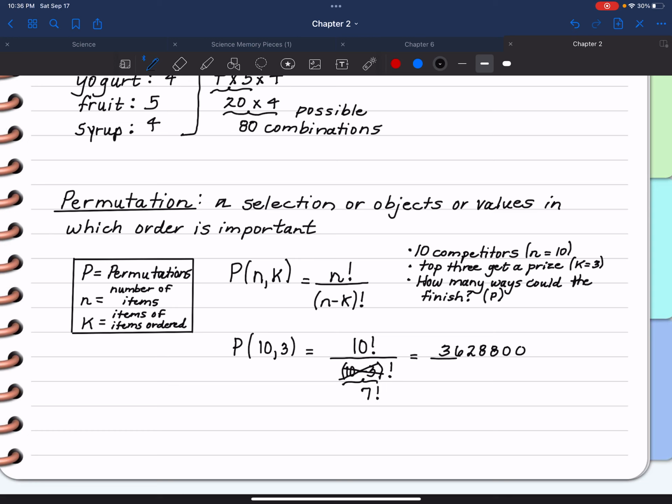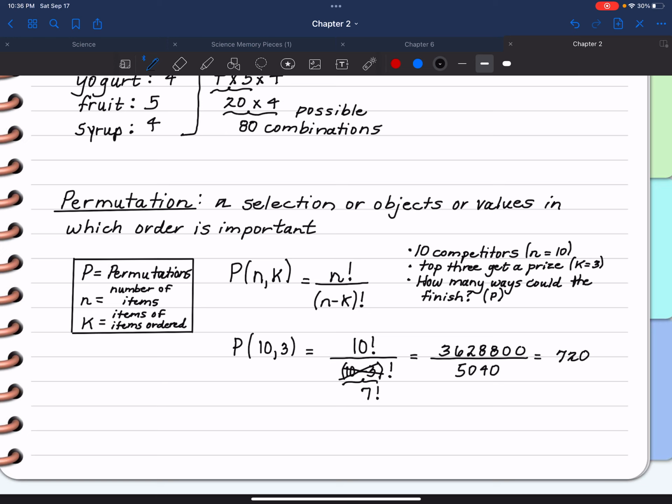3628800. Just write it down. All clear. 7 shift 3 equals 5040. Now, let's all clear. 3628800 divided by 5040 equals 720.